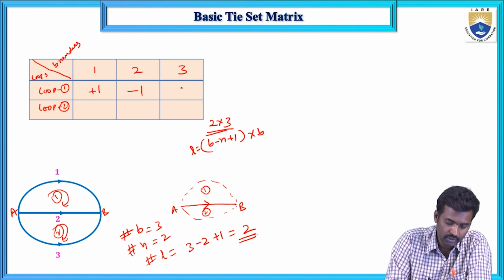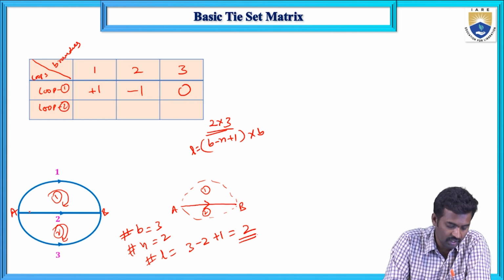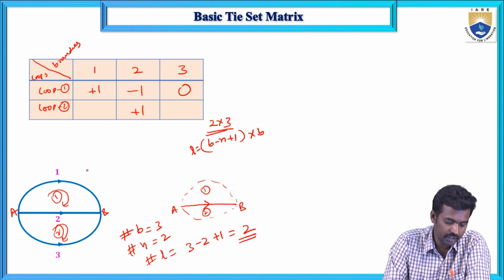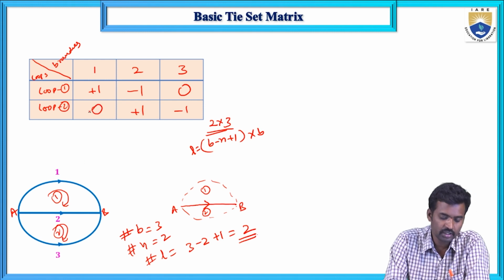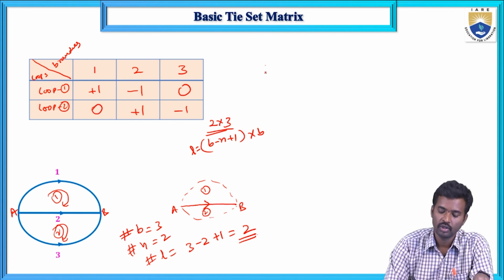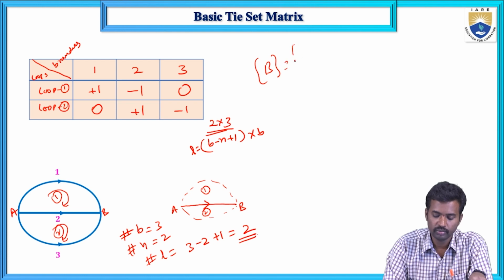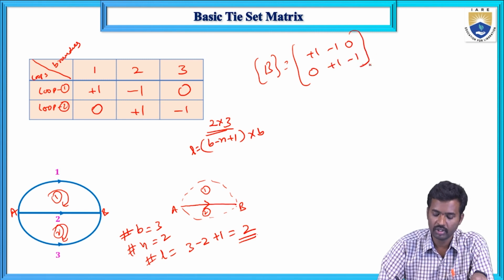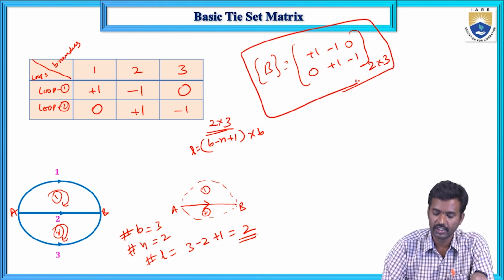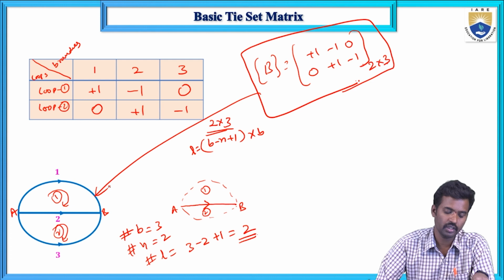Branch 3 is not associated with loop 1, so 0. In the same way, for the second loop, branch 2 is plus 1, branch 3 is the opposite direction, and branch 1 is not associated, so 0. Now the B matrix equals plus 1, minus 1, 0, and 0, plus 1, minus 1. This is 2 cross 3.